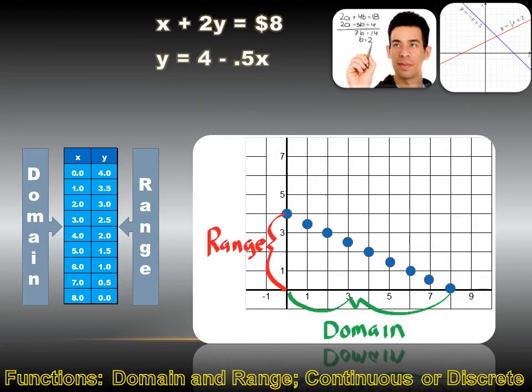And you can see that our range are the potential y values that come out of the function, and they start down here at 0 and go up to here at 4. And our domain are the x values that we put into the function, and they also start at 0, and they go all the way up to 8.